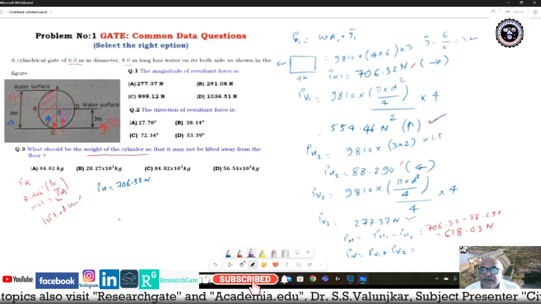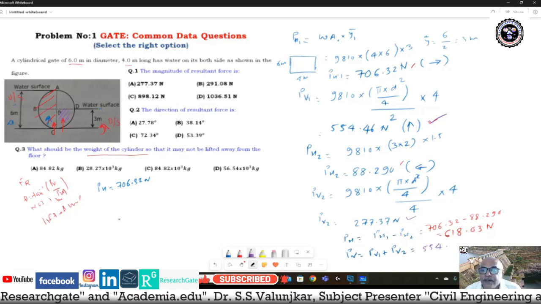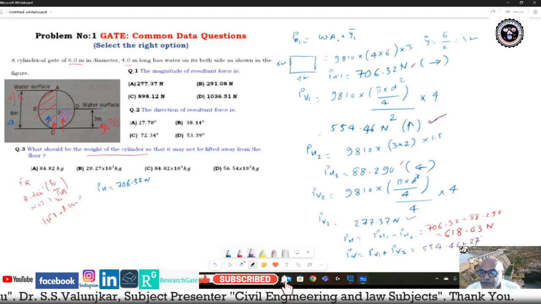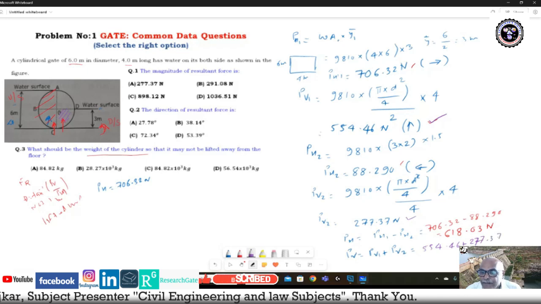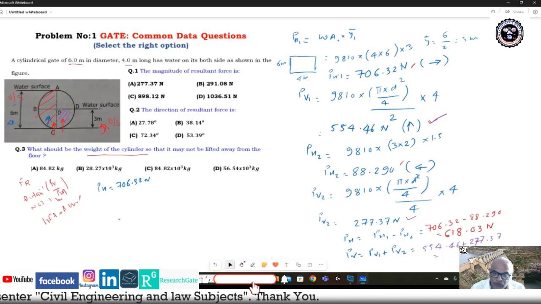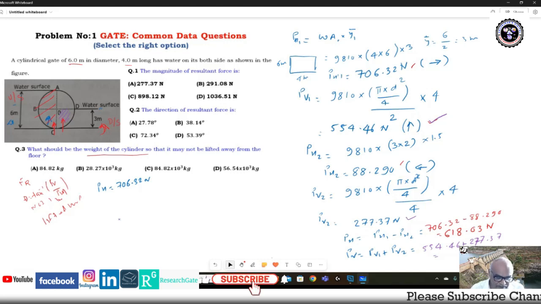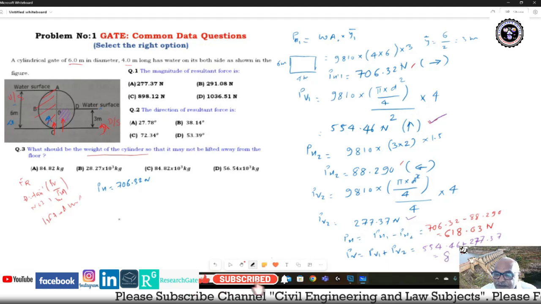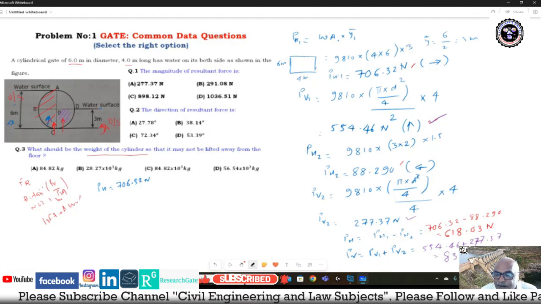So PV1 is 554.46 plus PV2 is 277.37. Let us work this out. 554.46 plus 277.37 equals 831.83 Newton.